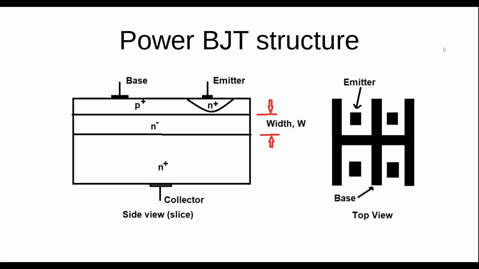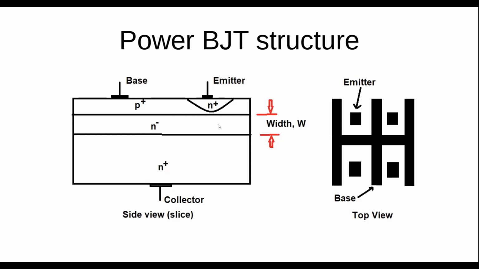Okay, so let's look at this structure. Again, this is a power BJT. We have this lightly doped region, so we don't have just a normal PN junction out here. Remember we said that because it has just a few electrons, it's lightly doped.